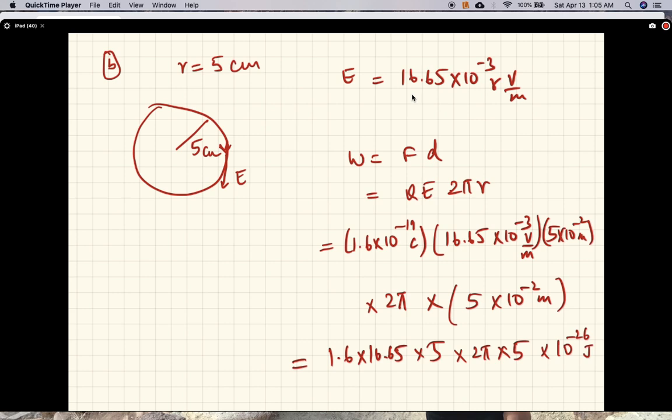Okay, so this is equal to 41.8 into 10 minus 24 joules. So that's the work done.